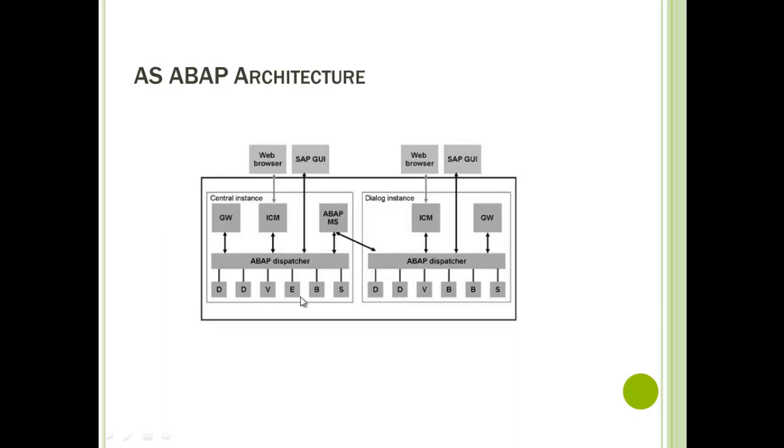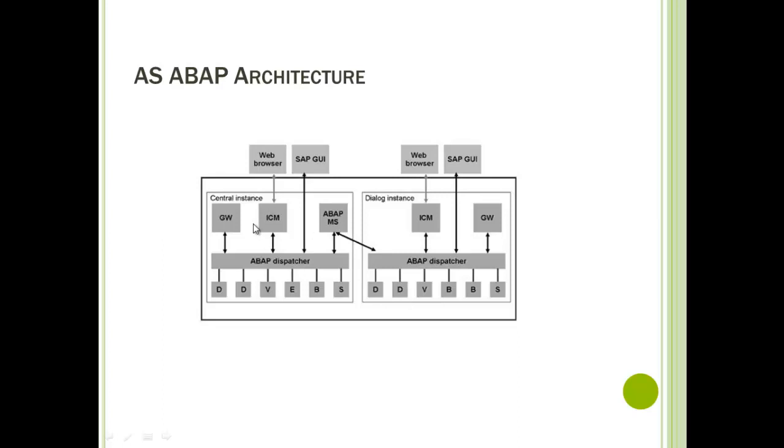So in the central instance, the message server talks to this dispatcher and the message server also talks to that dispatcher. Based on which dispatcher is free, the message server can take a decision and contact each dispatcher to do some specific task. That is the idea behind it.